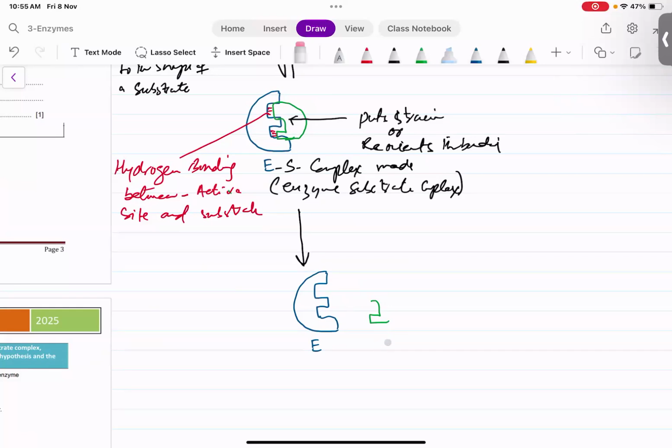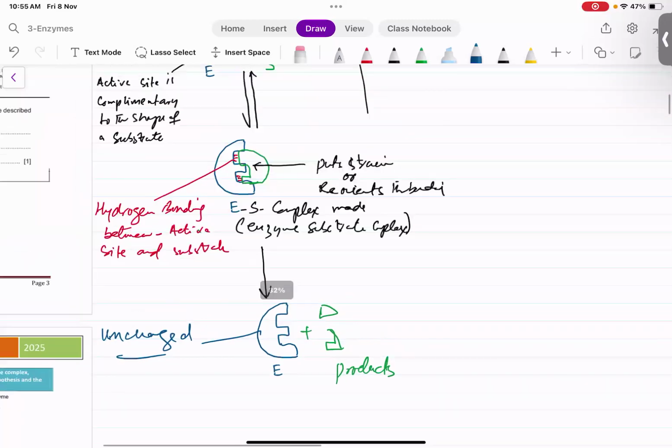The substrate is converted into the product, so the enzyme is unchanged at the end of a reaction.